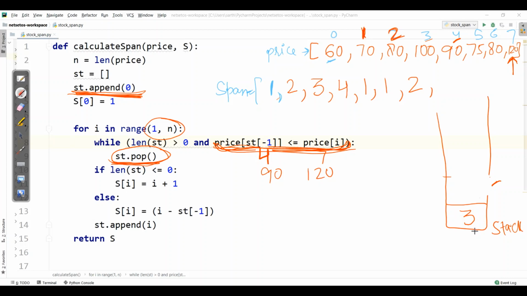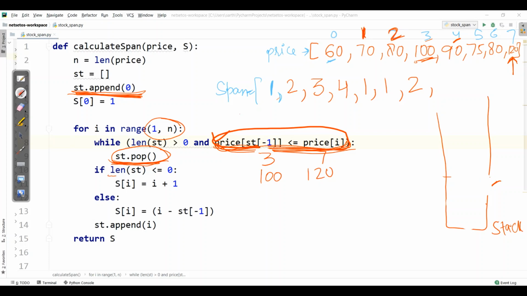Now again we have at stack top 3. Third index price is 100. 100 is again less than 120. It is following this. So this value will also be popped out from the stack. By now stack is empty.